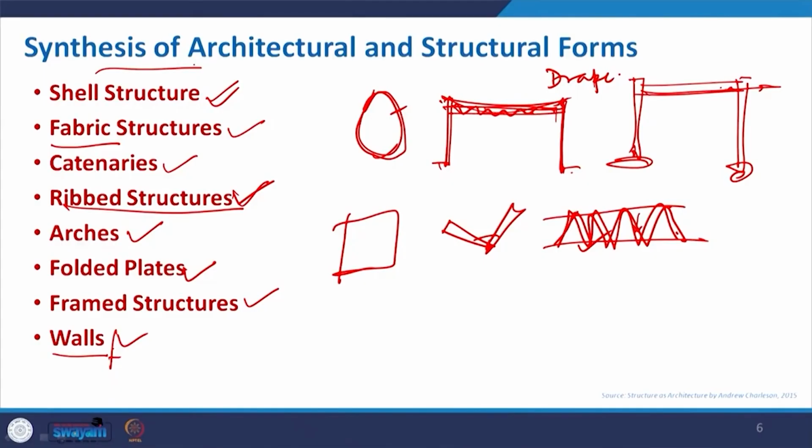So, some arrangement of walls will create some architecture. So, let us move to each of these categories and take some examples and try to understand clearly how this synthesis is happening with architecture and structural form.